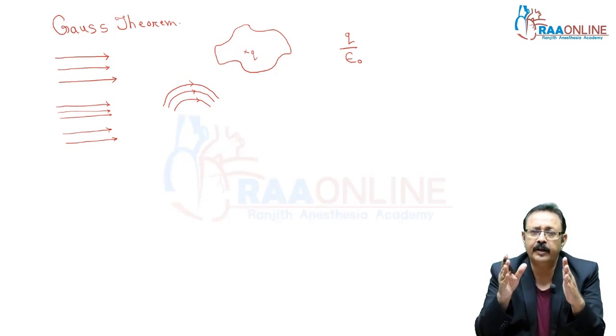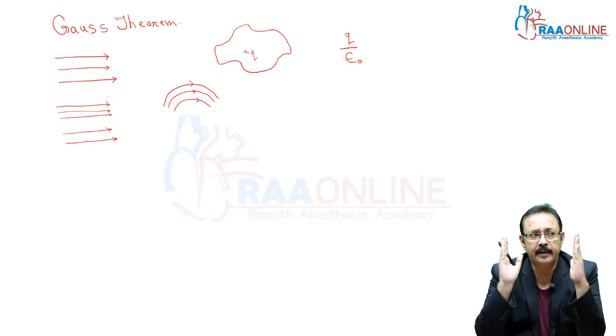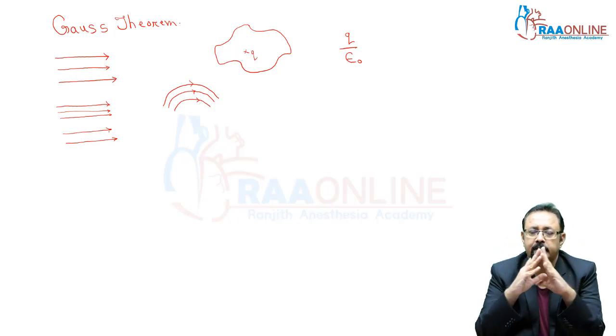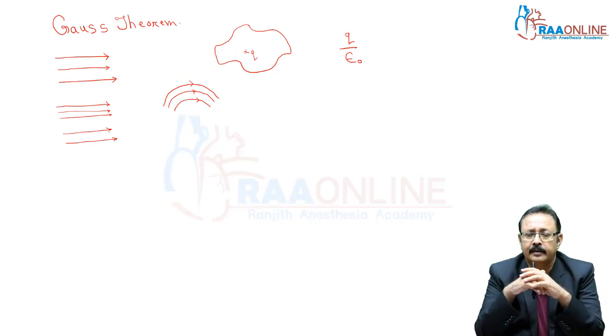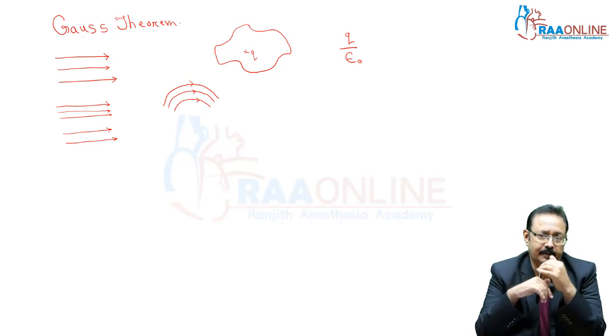If an electric field is there, electric lines of force are passing through that place. If you put one coil or one surface there, the number of lines of force which cross or hit the surface perpendicularly is known as electric flux.